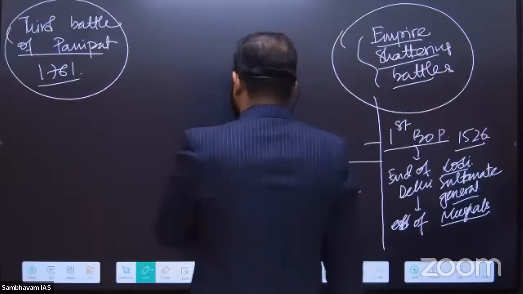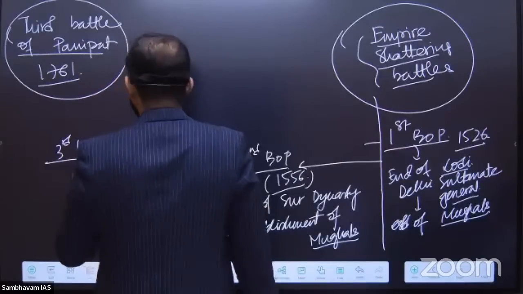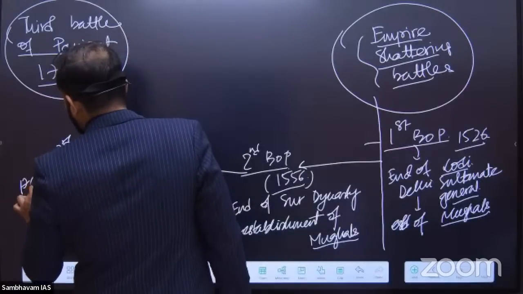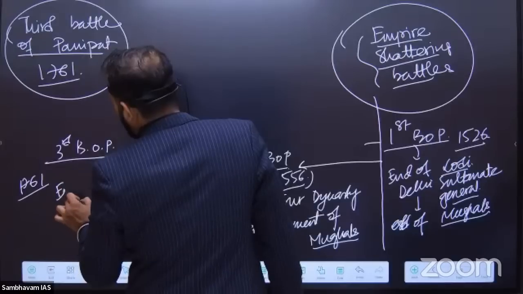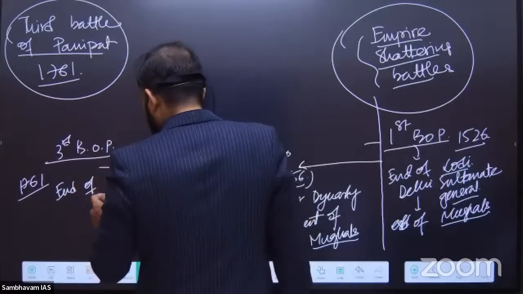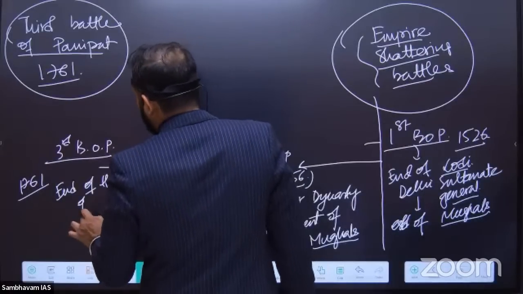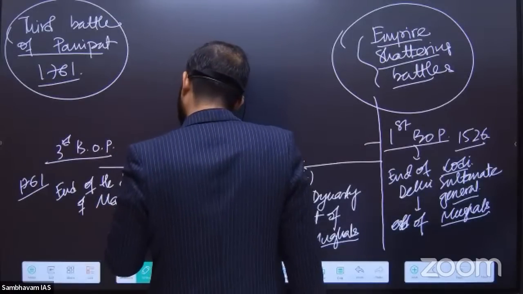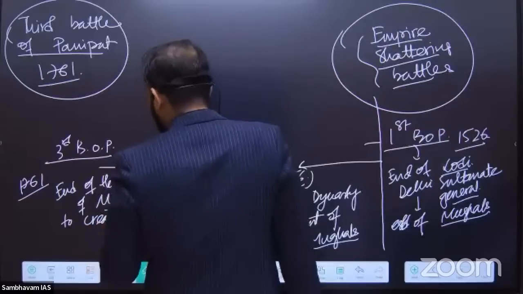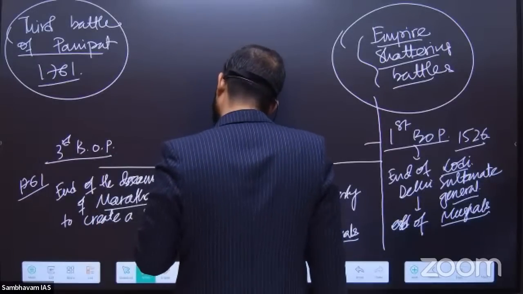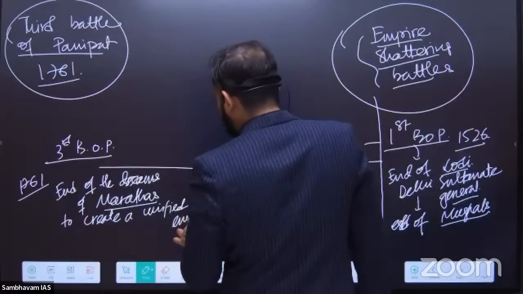Last, Third Battle of Panipat, 1761, that led to the end of the dreams of Marathas to create a unified empire.